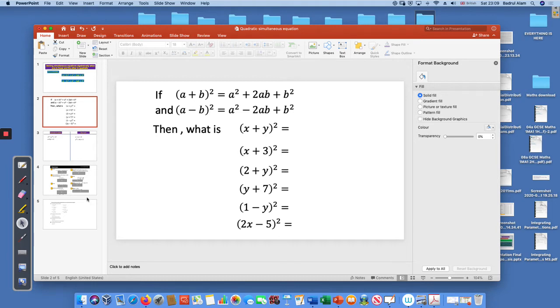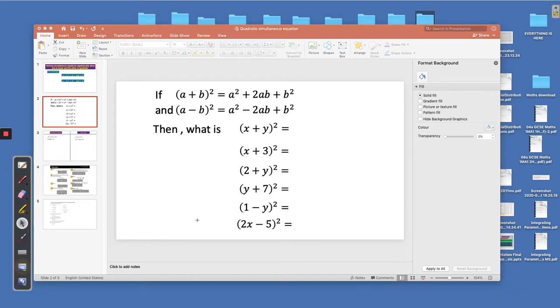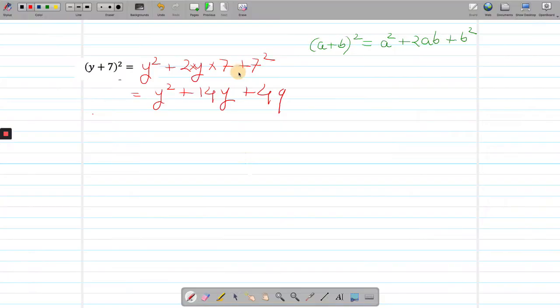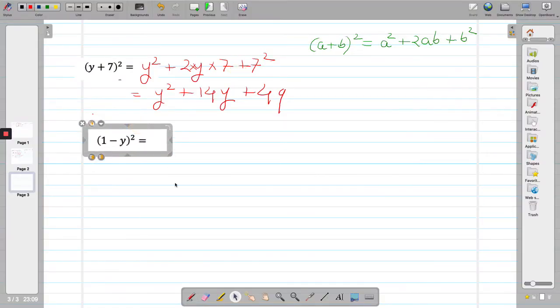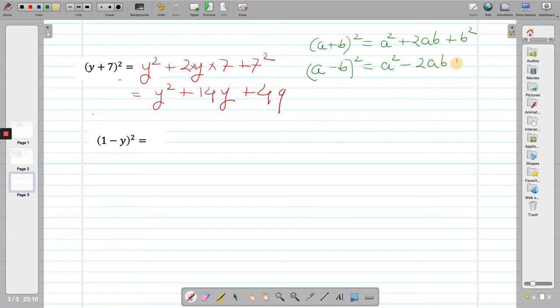1 minus y whole squared. Now it is minus, so let me write my minus formula using this color. We know the minus formula is (a minus b) whole squared equals a squared minus 2ab, just the first one is minus, but the last one is plus b squared.